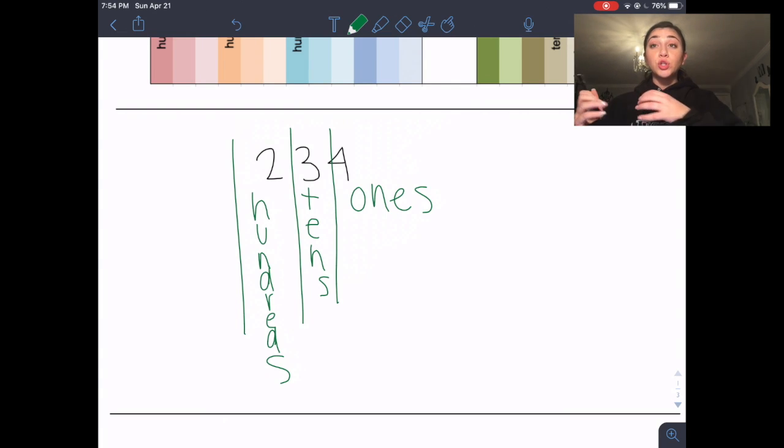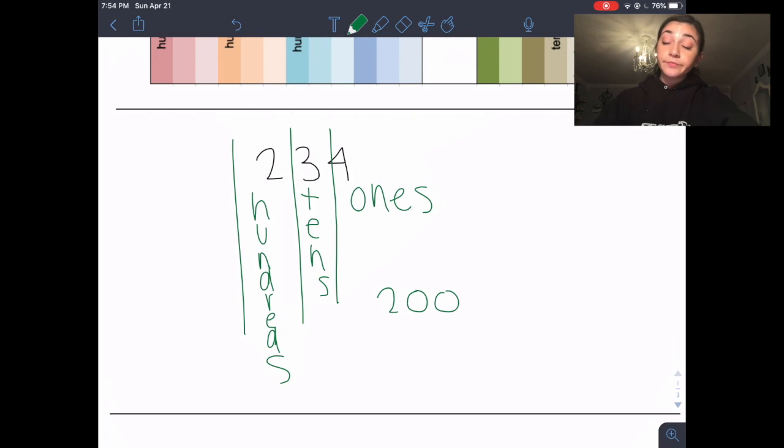So if you have 2 in the hundreds place, that means you have 200. If you have 3 in the tens place, that means you have 30. So you're going to add 30 to 200. And if you have 4 in the ones place, that is 4 times 1, plus 4.